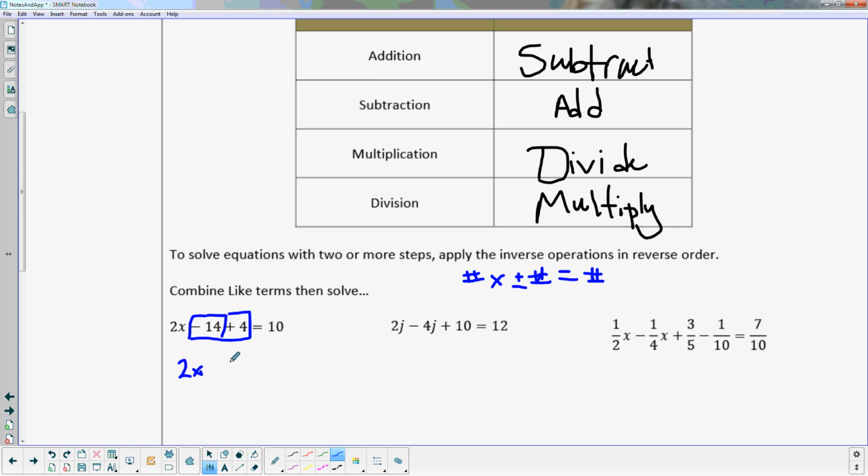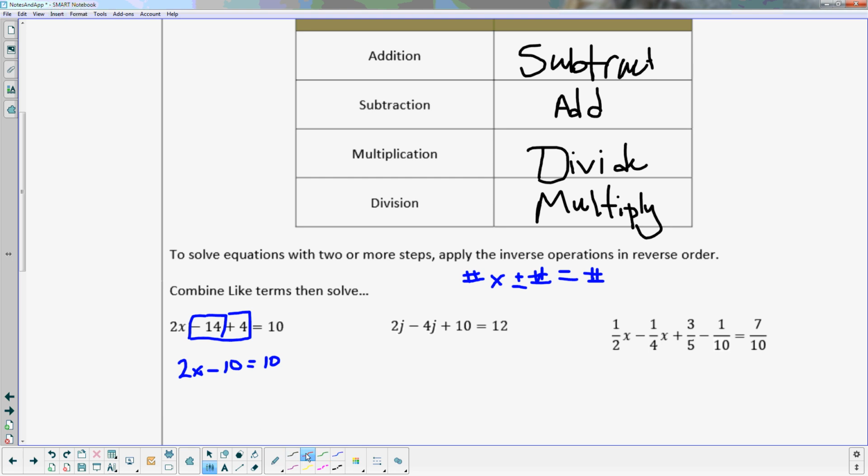And what do I get when I do that? Of course you can think, what is negative 14 plus 4? But some students have a hard time with that. Hopefully we understand that we get negative 10, or in this case minus 10. And we've made it to our goal: number times variable plus or minus a number equals a number. 2x minus 10 equals 10.